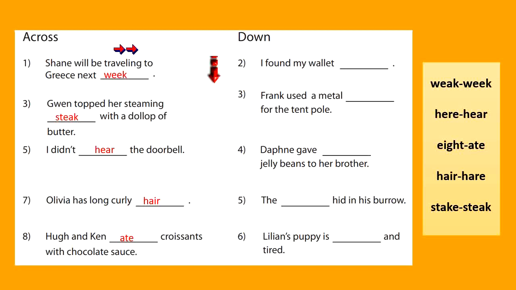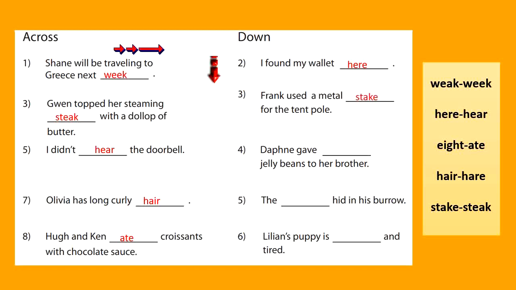What about the one reading down? I found my wallet dash. Now, which word can come here? Yes, it is here. 3 down says, Frank used a metal dash for the tent pole. Now, what can you use to put up a tent?